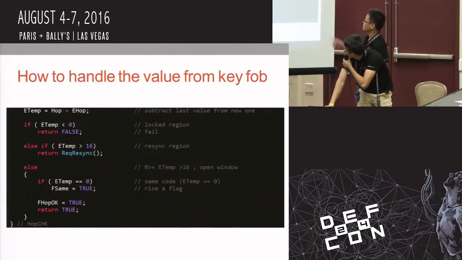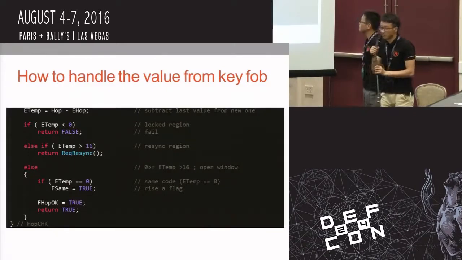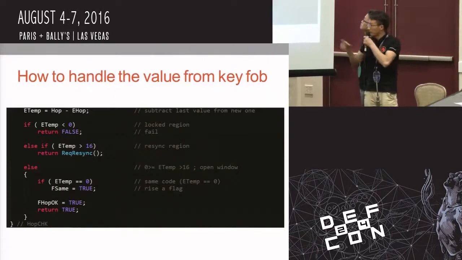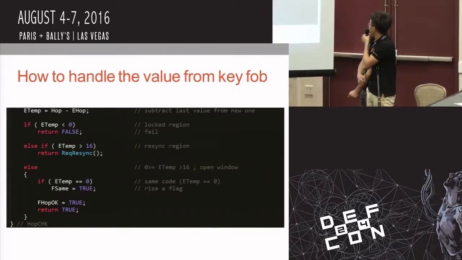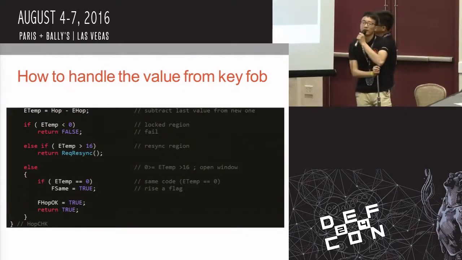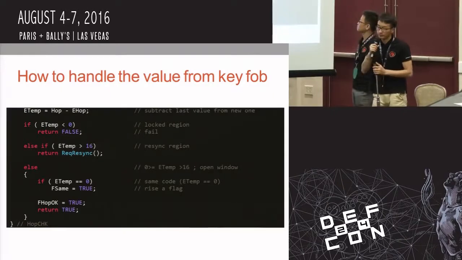You see the eTemp and the hop at the eHop. The eTemp is a value that you get by subtracting the stored value from the received sync counter. If the eTemp is defined as a signed integer, you will get both a negative value and a positive value.